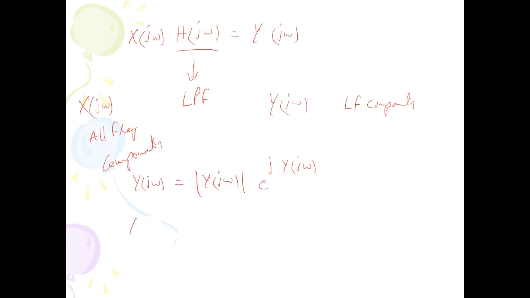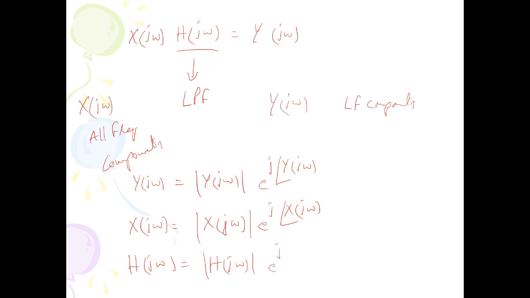Similarly, X of j omega equals mod X of j omega into e power j angle of X of j omega, and H of j omega equals mod H of j omega into e power j angle of H of j omega.